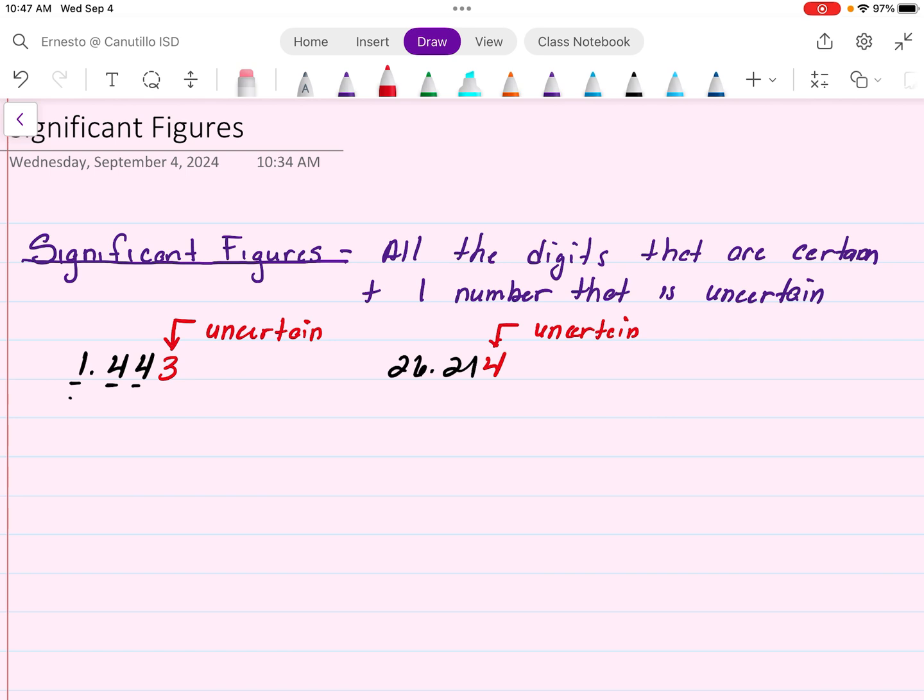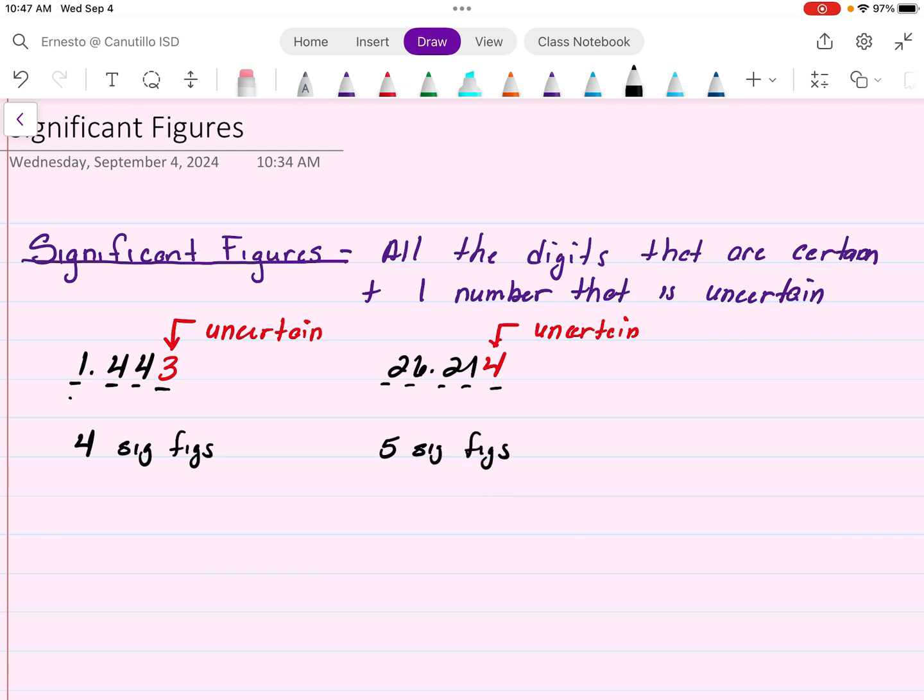So when you're taking into account significant figures, you have to take all the numbers that are certain and then add that last uncertain number. So in this case, all the numbers here will be significant. In the first example, we have 4 significant figures, which I'm going to abbreviate as sig figs. And in the second number, we have 1, 2, 3, 4, 5 significant figures, 5 sig figs.